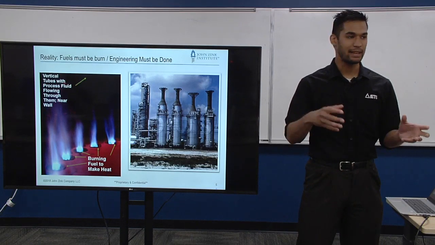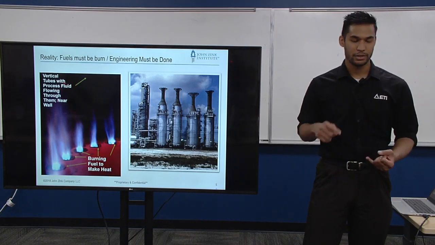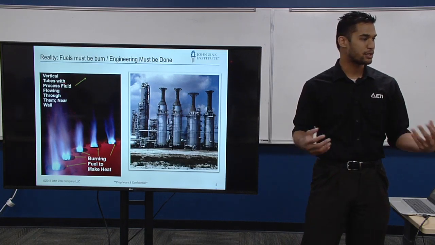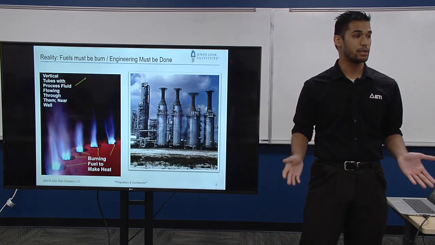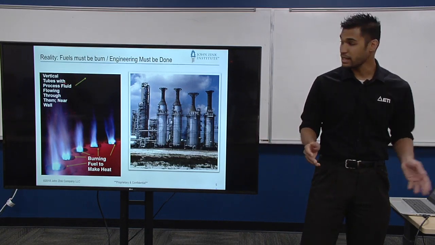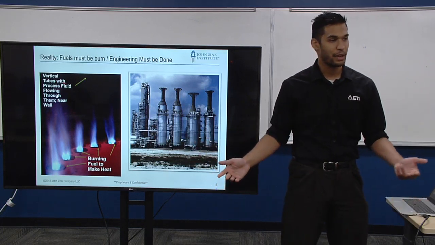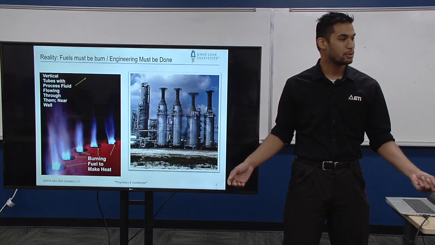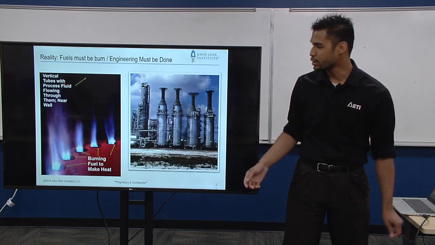In order to apply that heat and heat up your process, there are safety concerns. You have to make sure that flow rates, pressures, and temperatures are all running smoothly, because you don't want to go outside the bounds of your process, and you want to make sure everything is safe. Here's the inside of a vertical cylindrical heater that might be used to preheat a feed to a distillation column.